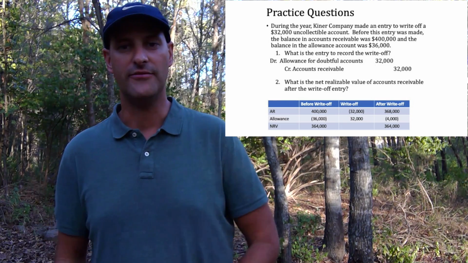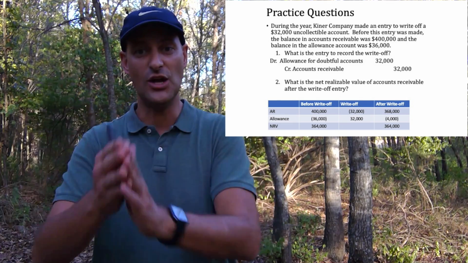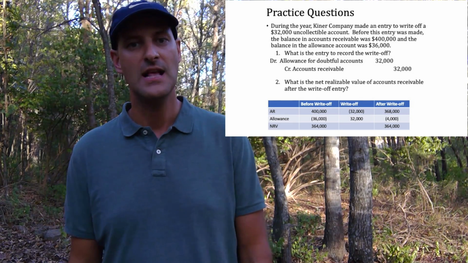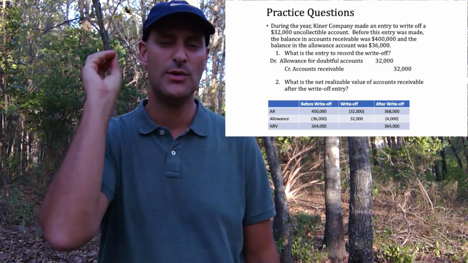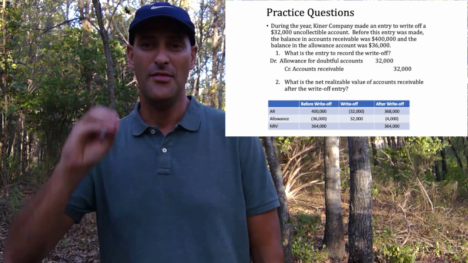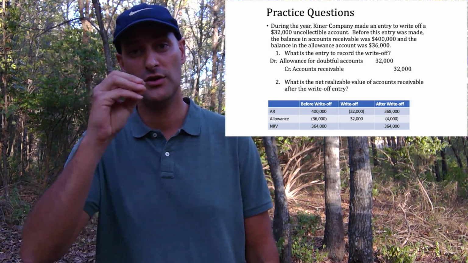That was the net realizable value before the write-off. Now we wrote this off. It had no effect on the net realizable value. It's still $364,000 because all we did was take some from the allowance and apply it to a specific accounts receivable. We had already reduced receivables to their net realizable value.